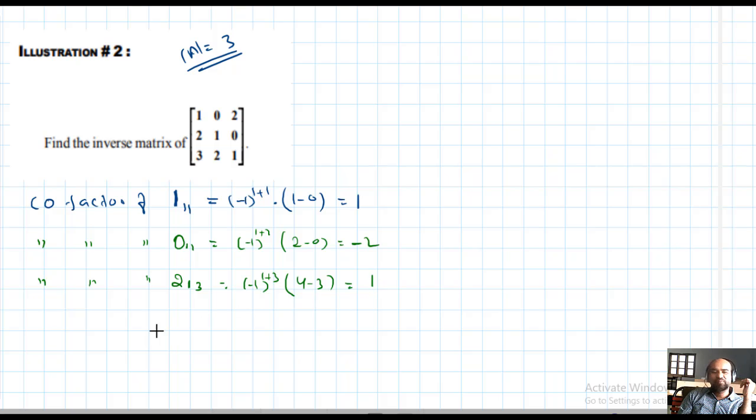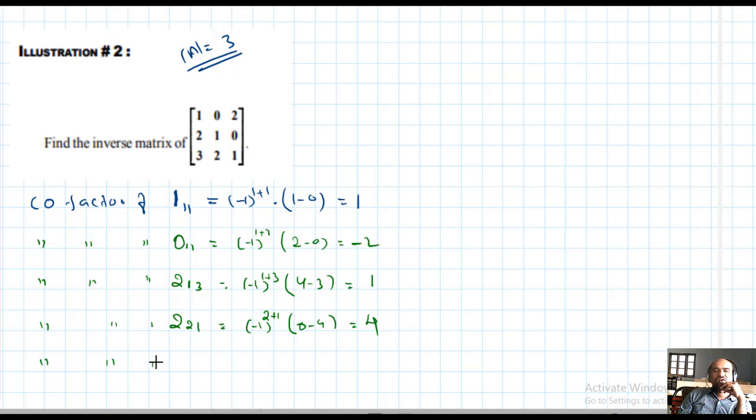So first row completed. Now second row I am taking, that is 2 2 1, that is equal to minus 1 power 2 plus 1 into, directly I want to find, this cancels, 0 minus 4, here minus, here one more minus, that is 4 directly.